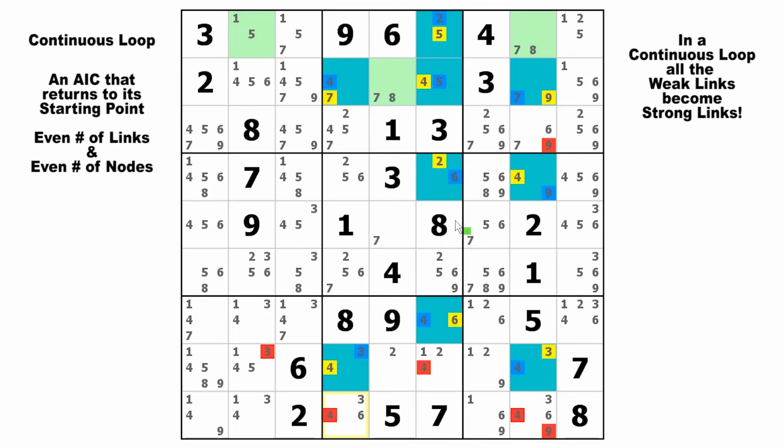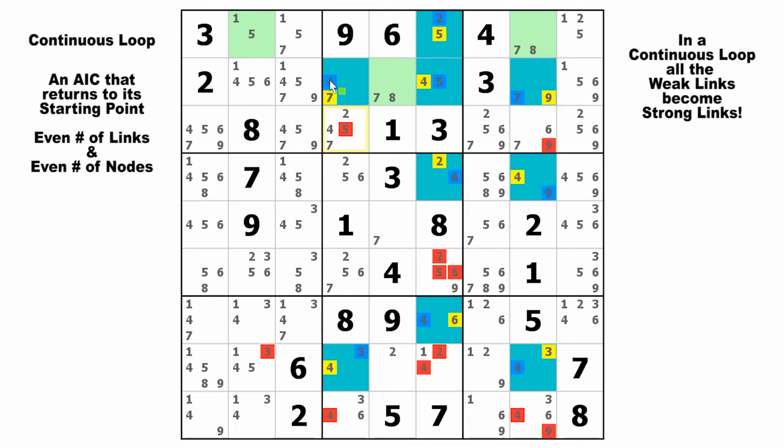Then there was a weak link between these two 6s in column 6, so that 6 is false. Then there was a weak link between these two 2s in column 6, so that 2 is false and that 2 is false. Then there was a weak link between the two 5s in column 6, so that 5 is false. And those two 5s also lie within block 2, so this 5 is false because it lies in block 2.